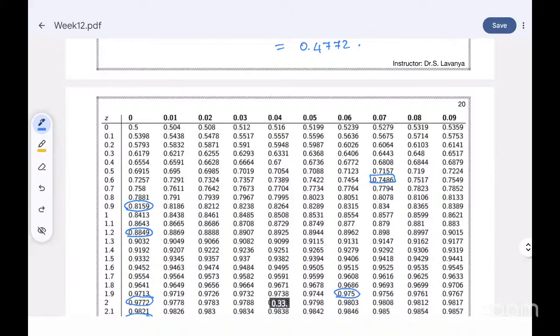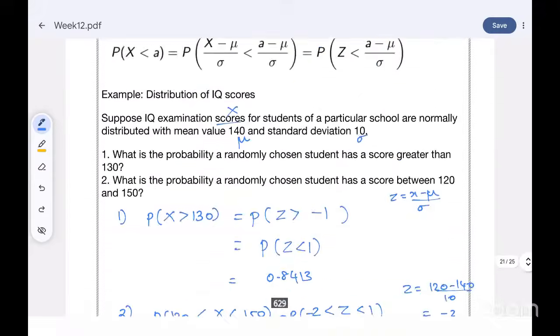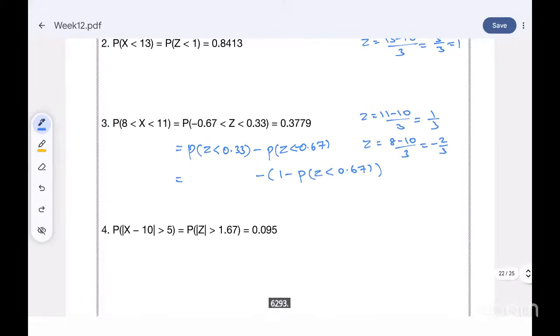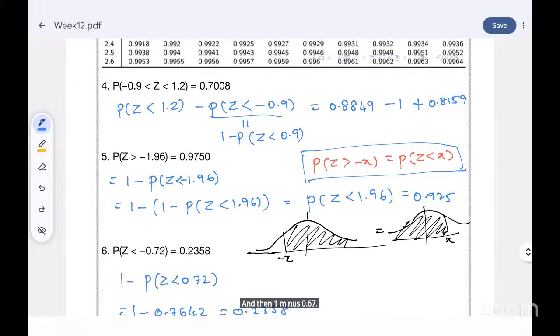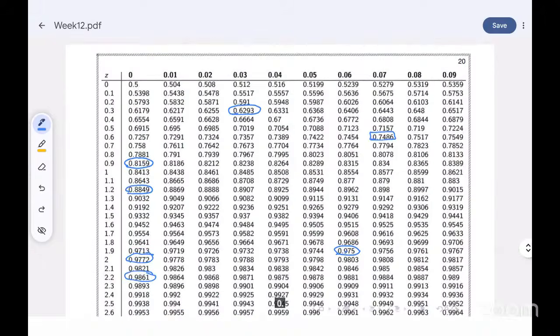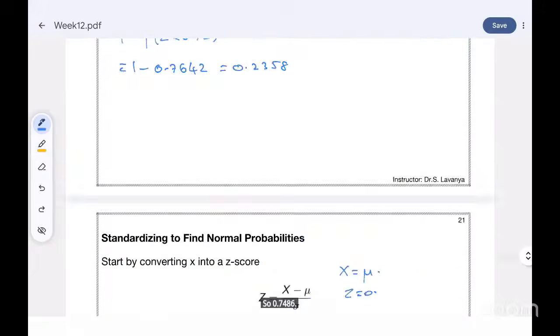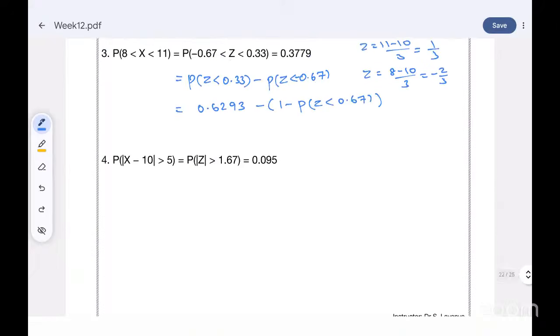It's 0.6293. So you have 0.6293 and then 1 minus 0.67, which is 0.7486. So calculate all this and check the answer.